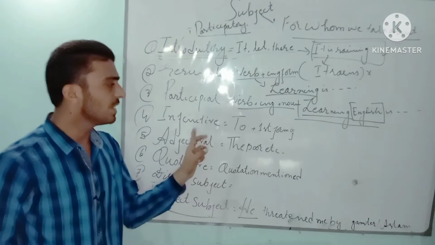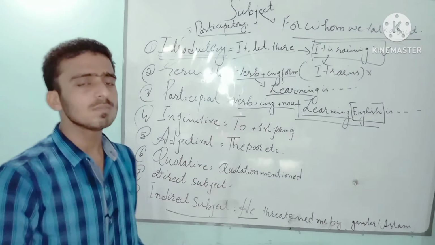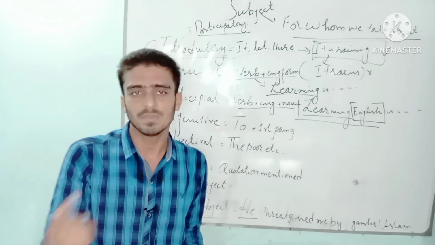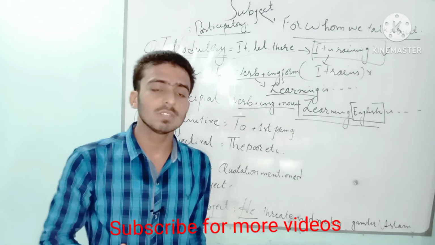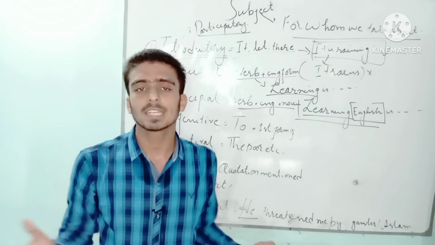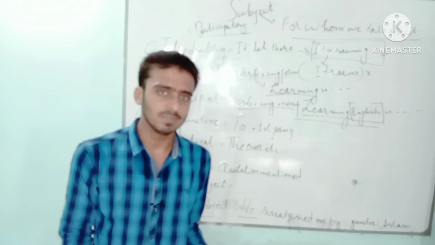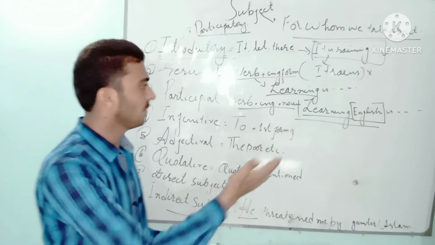And after that, the infinitive subject. Whenever you have "to" plus the first form of the verb, you can say it is an infinitive. There are also many positions of the infinitive, just like it can come in the middle of the sentence: "I have to write a letter." Here "to write" is an infinitive.